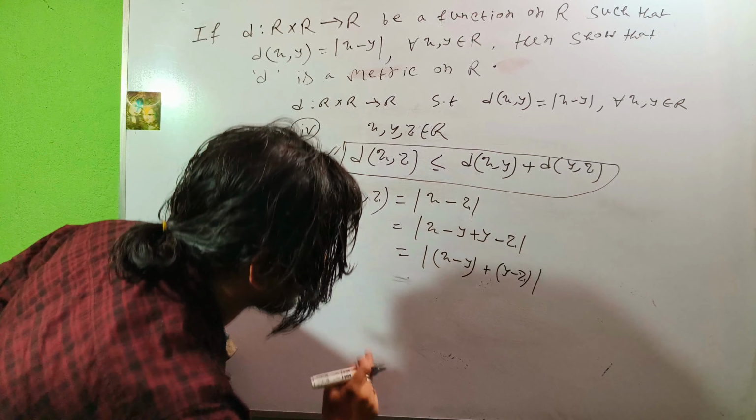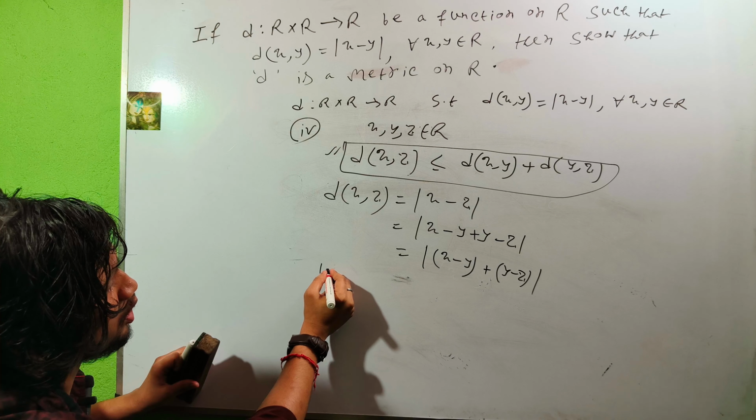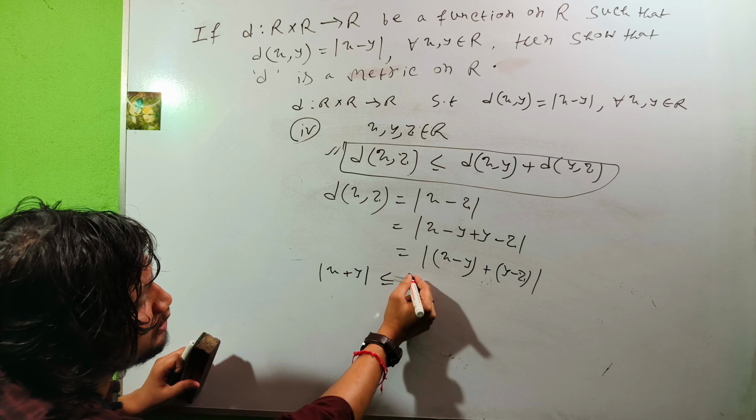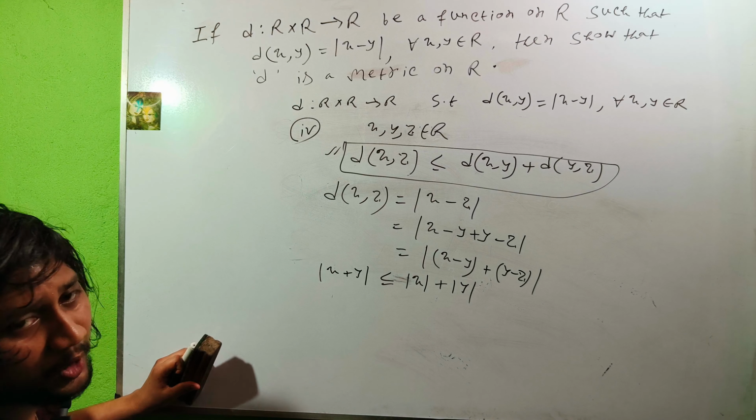Now a very familiar property of the modulus function, as we know, is that mod of x plus y is less than or equal to mod of x plus mod of y. It is a well-known property of the modulus function.